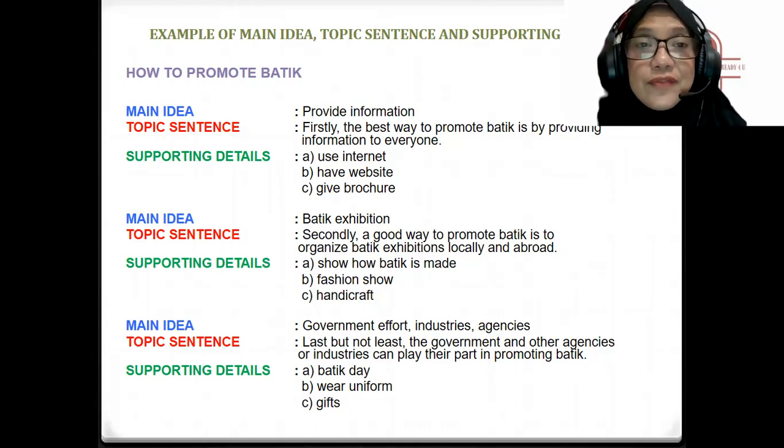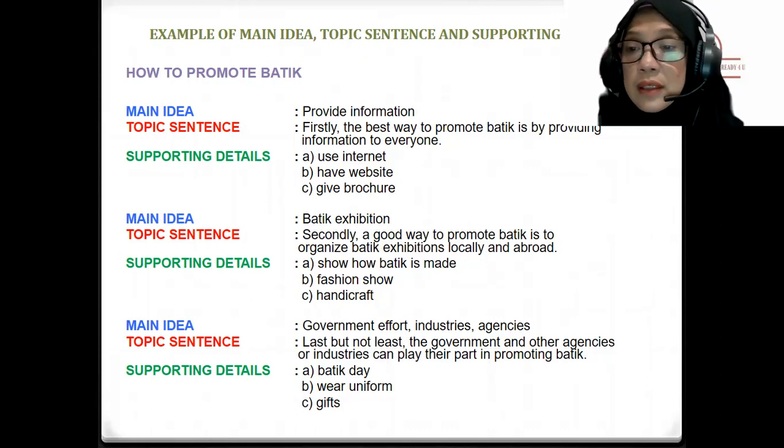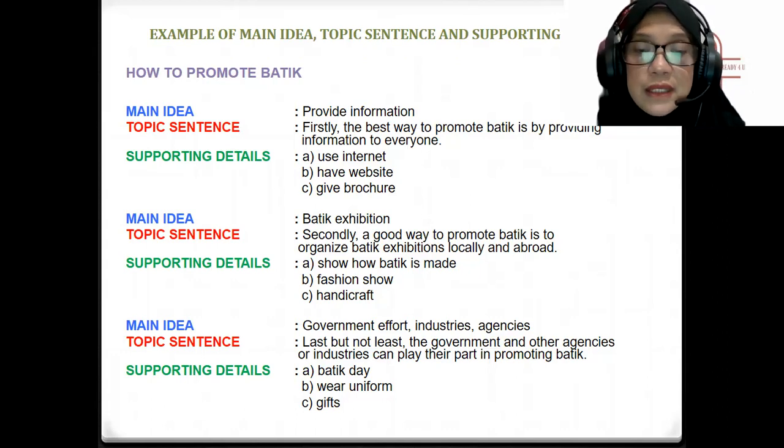They can have gifts, yeah, in the form of batik. Maybe the batik sarung. You can give them to people, right? So that more people, everybody, knows about batik.